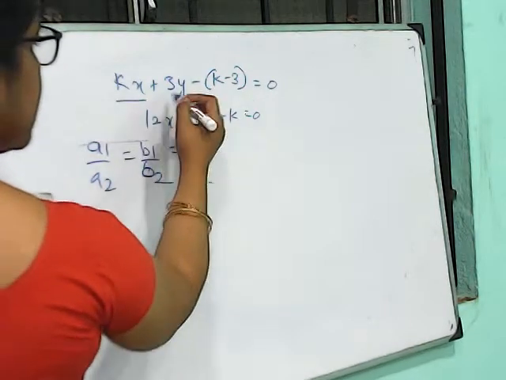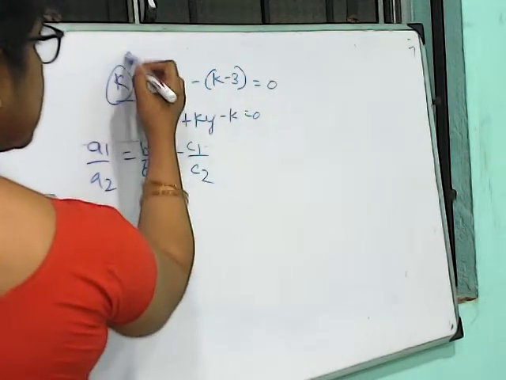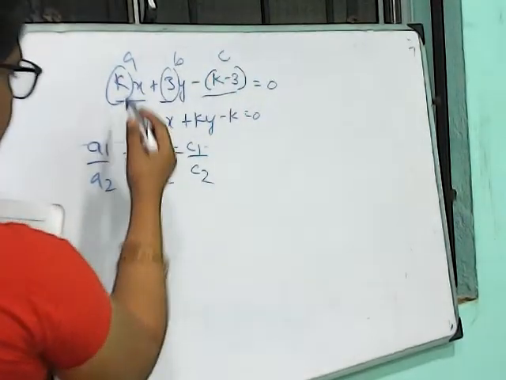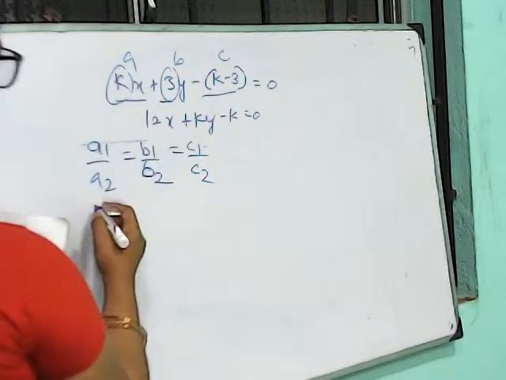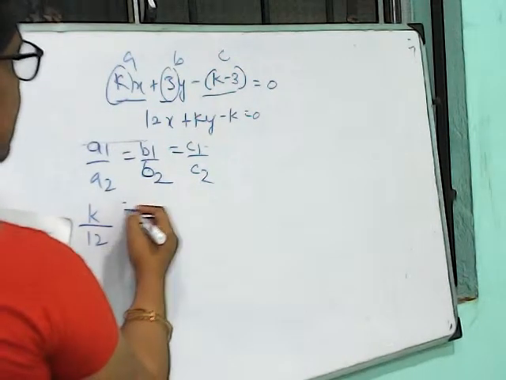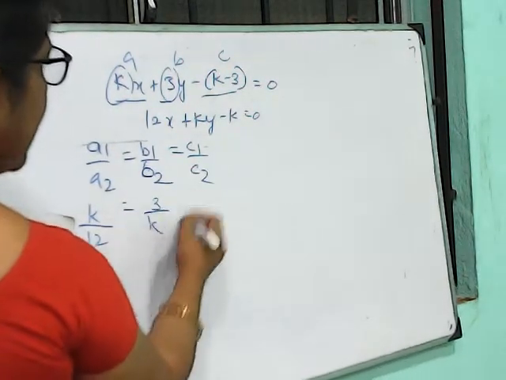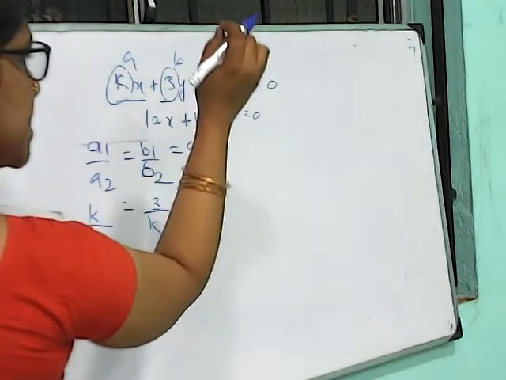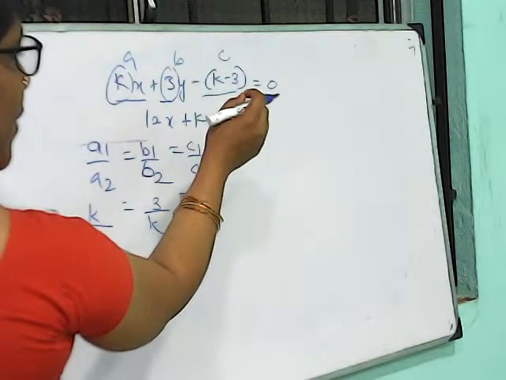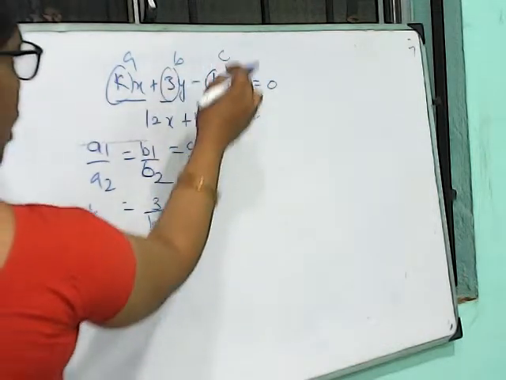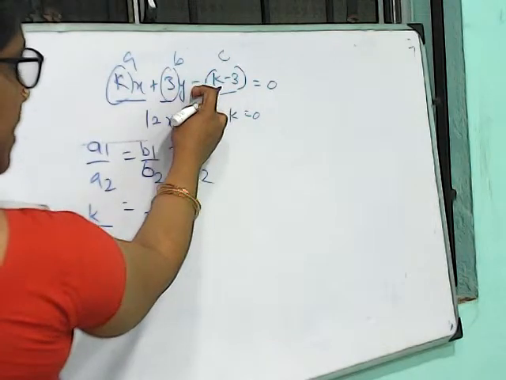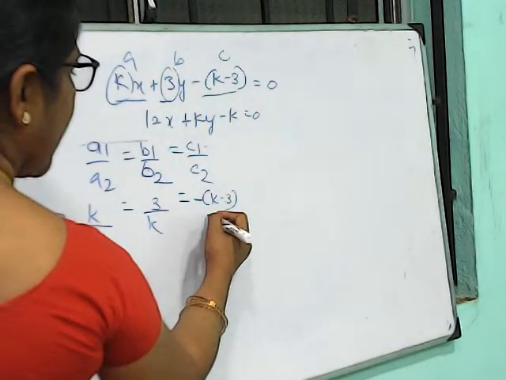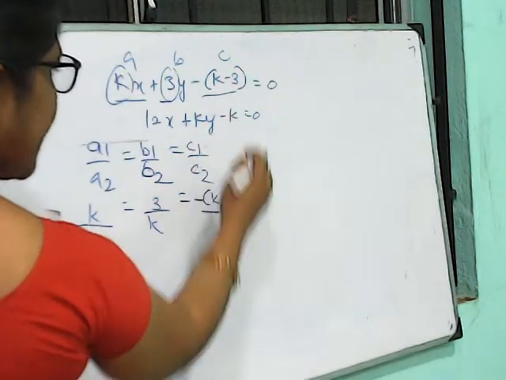Here the coefficient of x is A, the coefficient of y is B, and the constant term is C. So k by 12 is equal to 3 by k is equal to, take the constant along with its sign, always remember, compare the equation with the sign. Here the sign is minus, so minus of k minus 3 divided by minus k.